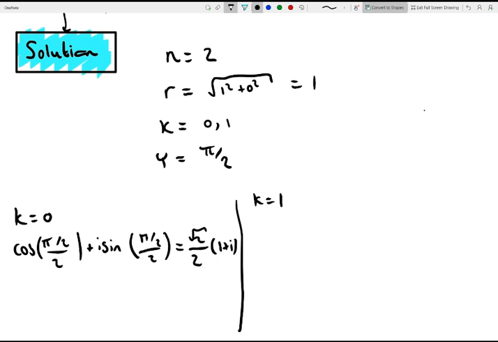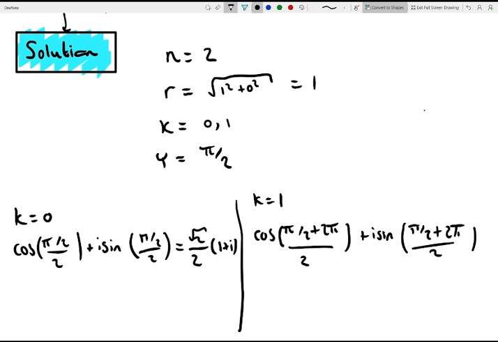And in the k is 1 case, we have cos of pi over 2 plus 2 pi now, because k isn't 0, all over 2, plus i sine of the same thing, pi over 2 plus 2 pi over 2. And this gives us minus root 2 over 2, 1 plus i.